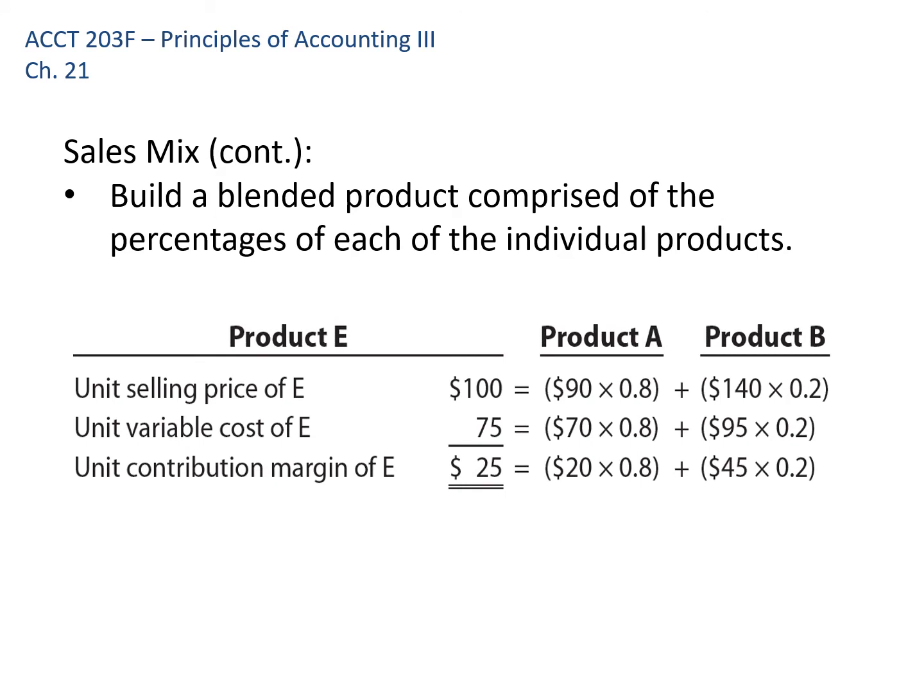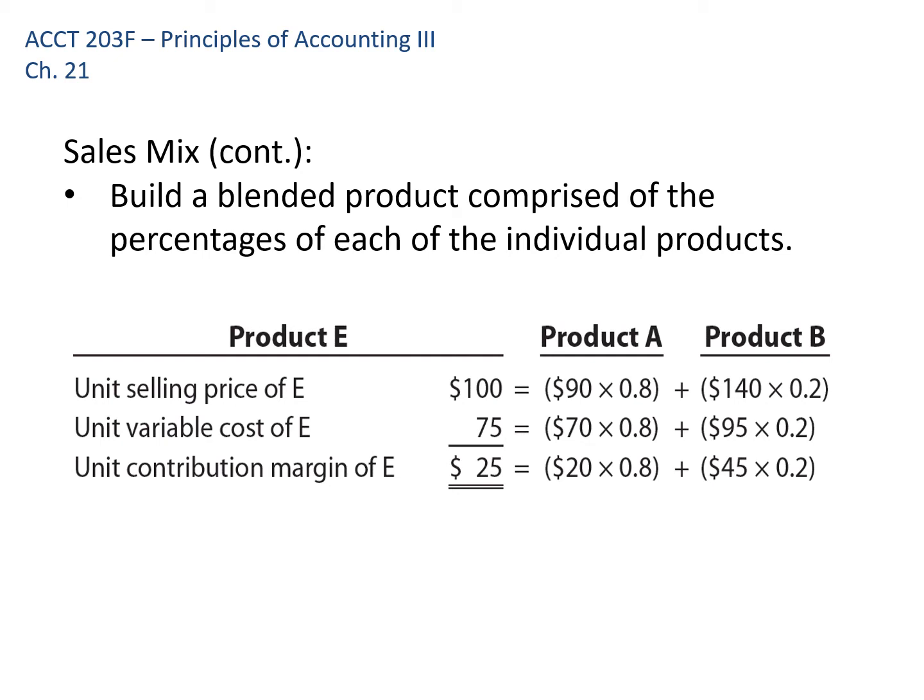In this case, the selling price of that fictional blended product E is product A's $90 selling price times 0.8 or 80%, plus product B's selling price of $140 times 20%. So I'm taking a weighted average here and getting $100 as the price of that fictional unit.